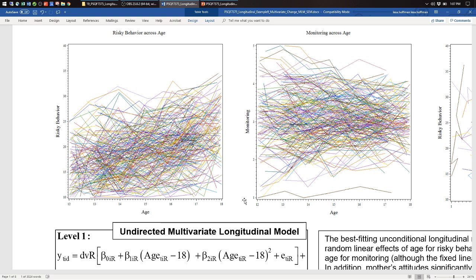So girls who grew more than other girls in risky behavior had moms who either decreased more or increased less. I said it right the first time. You know what I'm saying, right? Negative relationship, that's where I'm going.